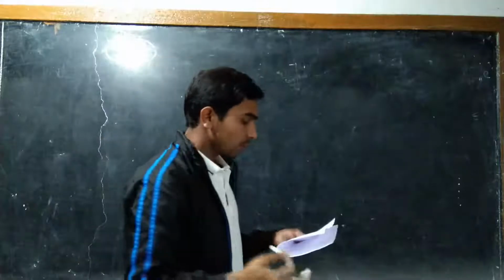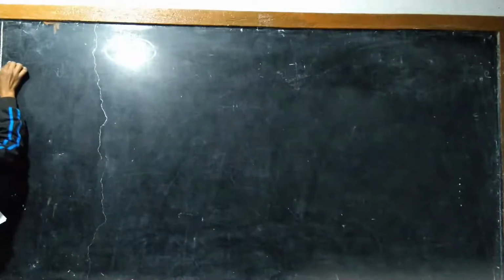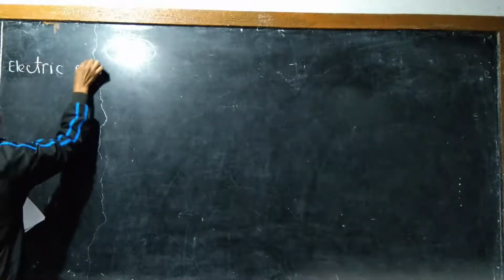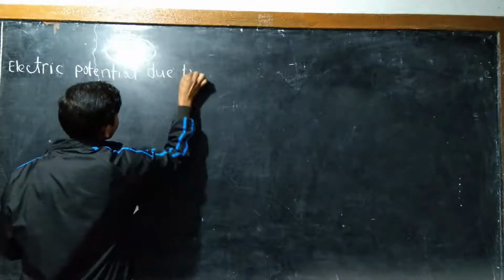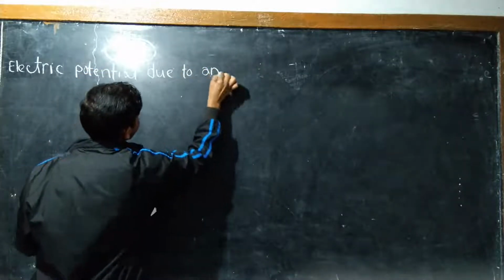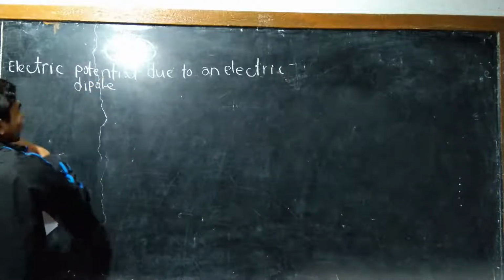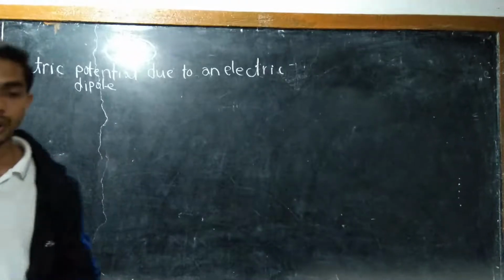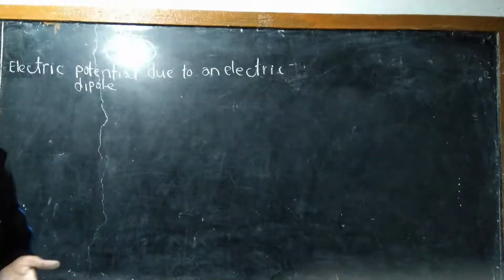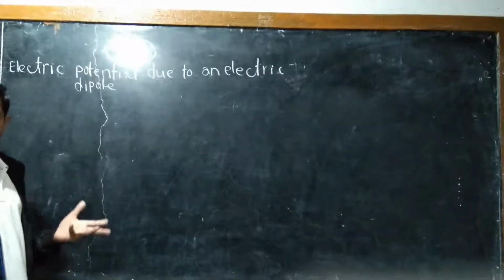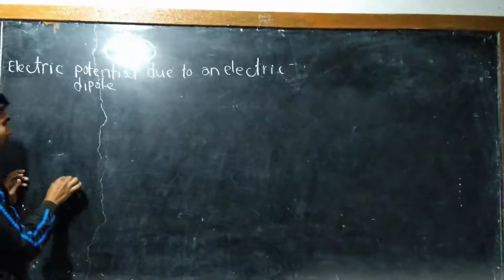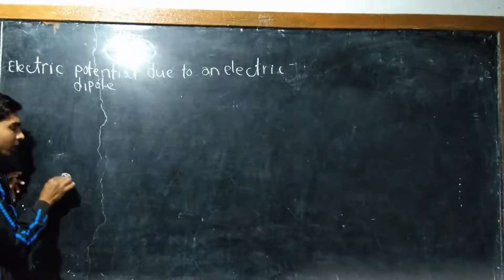Now potential due to an electric dipole, right? So electric potential due to an electric dipole, okay? Now, so dipole, right? Dipole is known to you. Dipole is a combination of two equal and opposite charges, right?